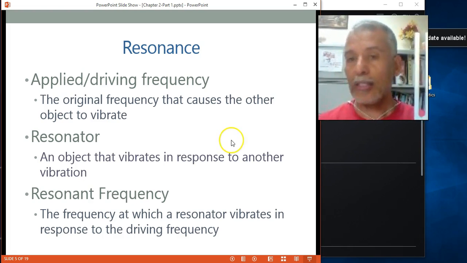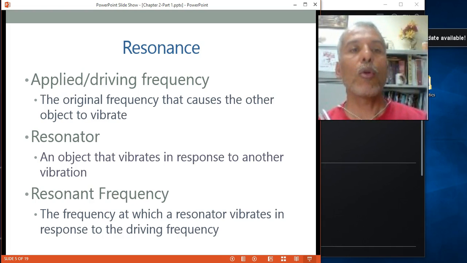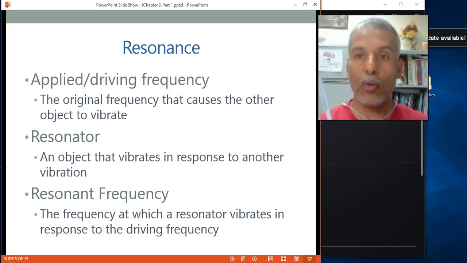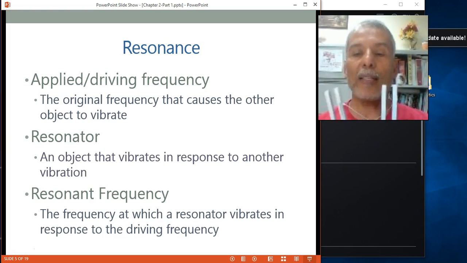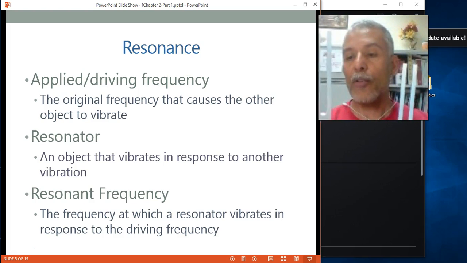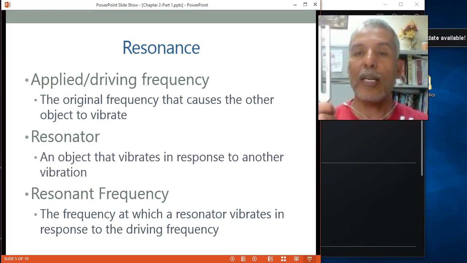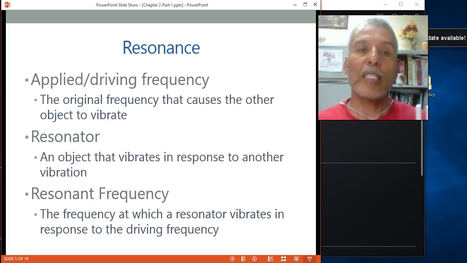So the tuning fork that I hit made a frequency, and we call this the driving frequency, or the applied frequency. It is the frequency that I apply to this one so that this one can make its own frequency in response. If they are exactly the same frequency, 320 and 320, and I put them next to each other, the one that I did not hit is going to vibrate in response to the applied frequency.